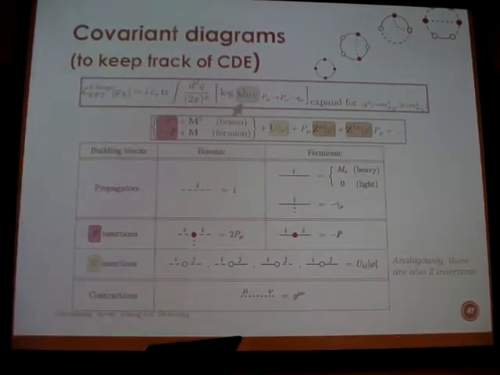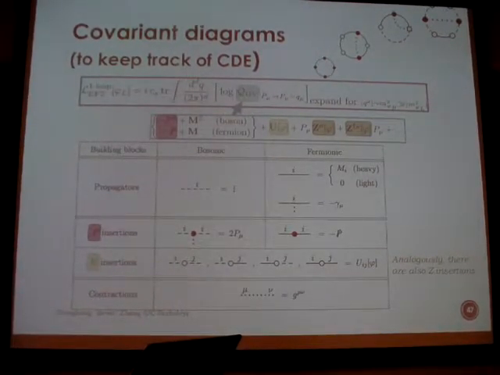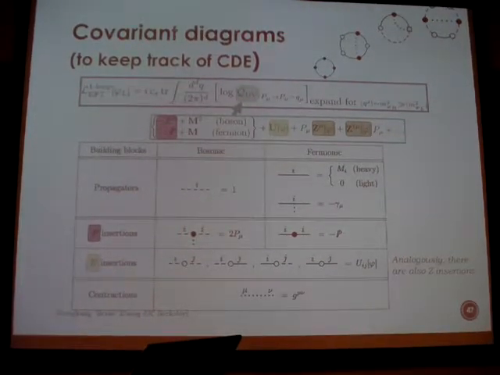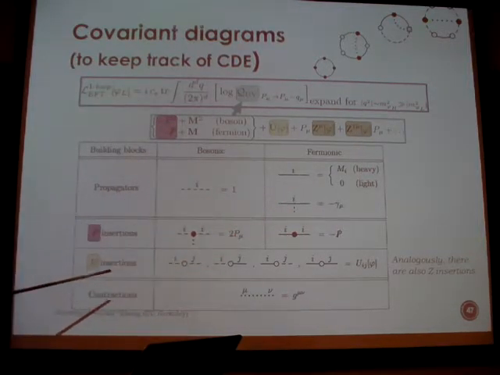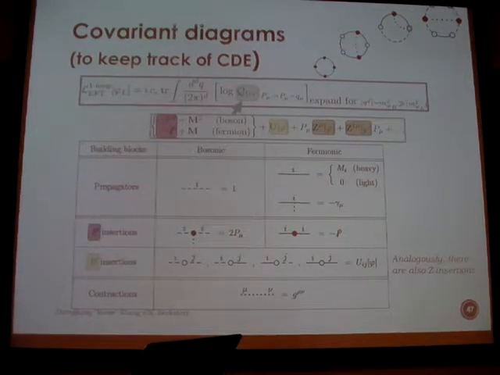I won't have time to go over the derivation, but I'll just show you the results, and they're actually quite intuitive to understand. So each diagram would consist of propagators and vertex insertions. The rules for propagators are a bit different for bosons versus fermions, simply because they have different kinetic terms.